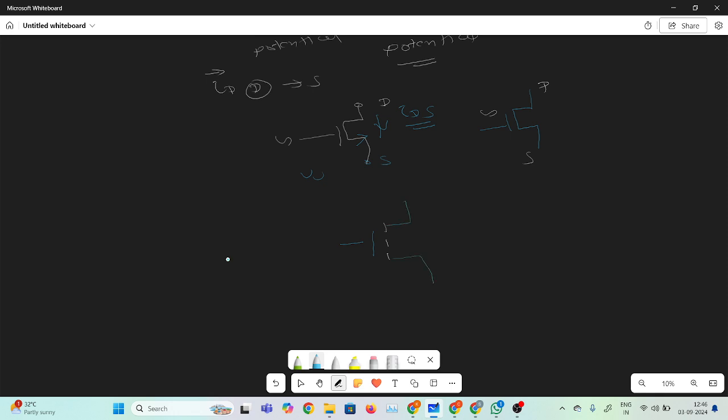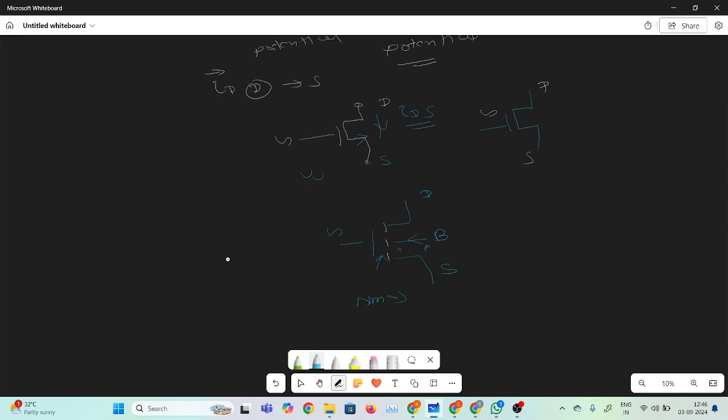The drain is at higher potential. This terminal is the drain, this is the source, and this is the body. This is the gate terminal, and the body is also represented. The arrow represents n channel or p channel. This is the p and this is the n, and the direction is always from p to n. So this represents the n. This is the n channel enhancement type MOSFET, the NMOS.